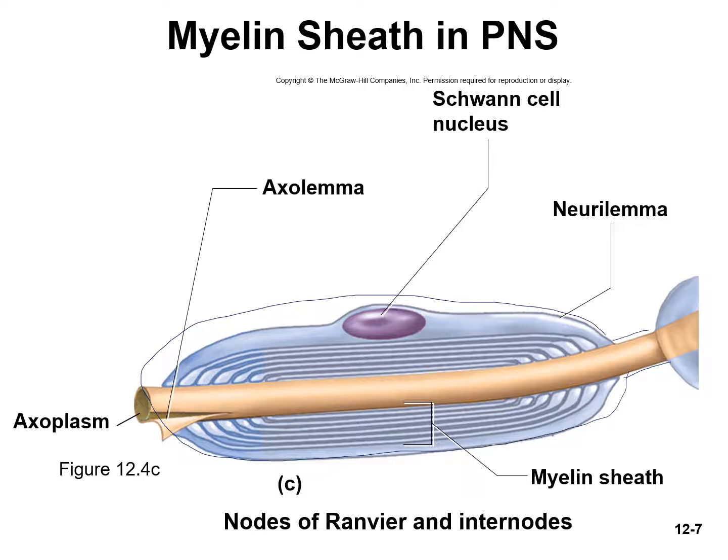So this would be the nucleus of the Schwann cell. This is the plasma membrane of the Schwann cell, known as the neurolemma. This is the plasma membrane of the axon, known as the axolemma. And then axoplasm would be the cellular internal contents within that axon.